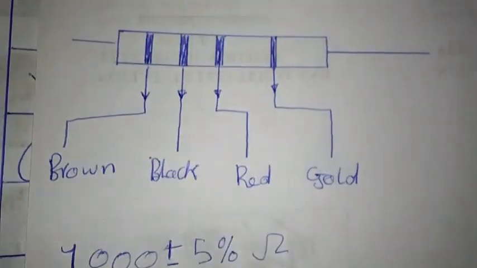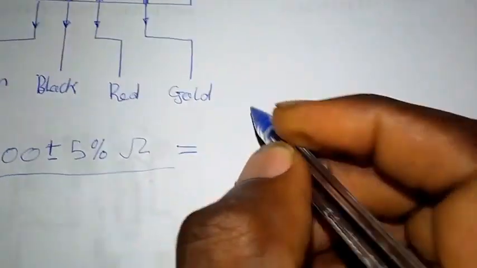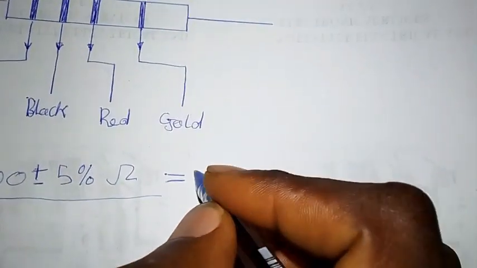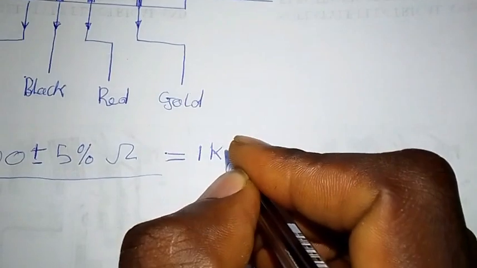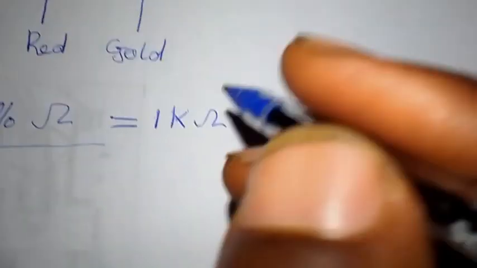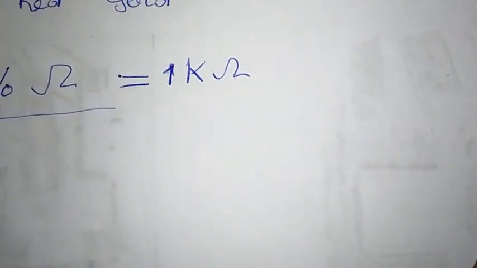This is also equivalent, if you want to use another derived unit, to 1 kilo ohm. Kilo normally represents 1,000.